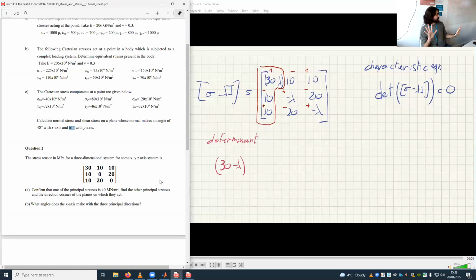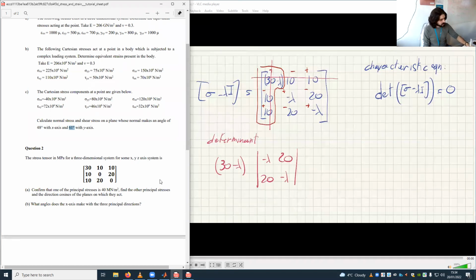I'll give you 1 second to wrap your head around this. 30 minus lambda times the determinant of the matrix that I find by removing the row and column where 30 minus lambda lives. So times the determinant of minus lambda, 20 minus lambda. And that's the first step.